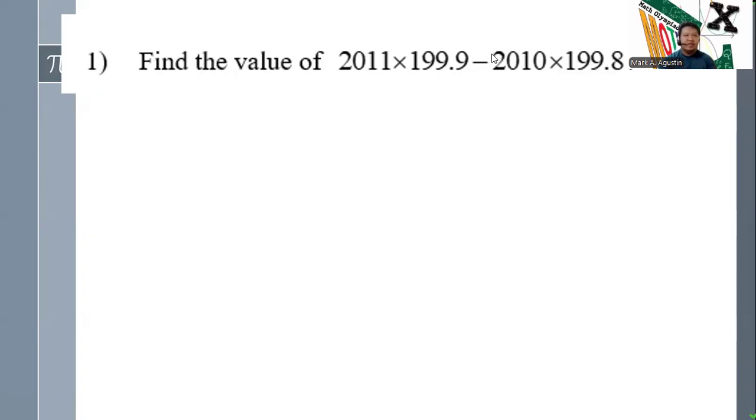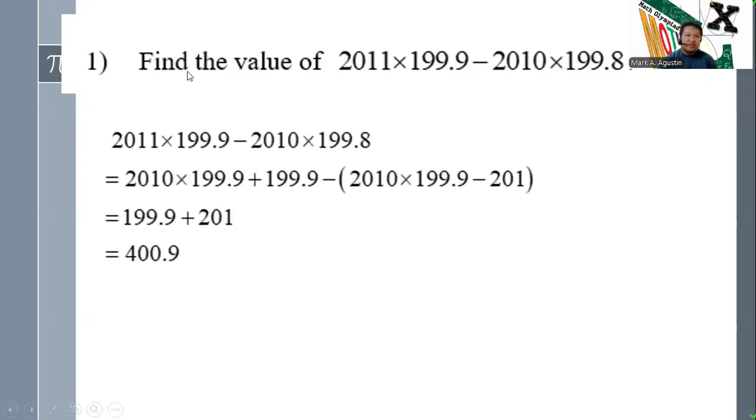Again, find the value of 211 times 199.9 minus 210 times 199.8. So here will be our solution, everyone. For this one, we'll be doing a little bit of factoring. For 211 times 199.9, the 211 could be broken into 210 plus 1.